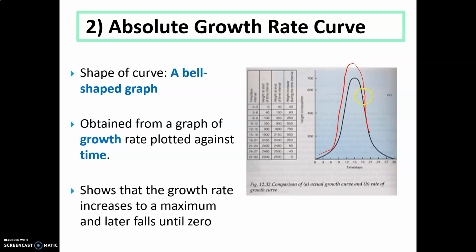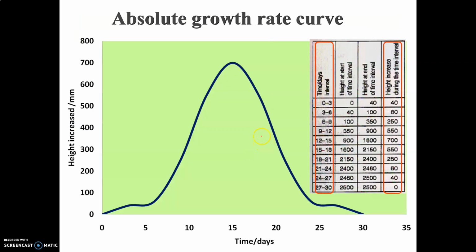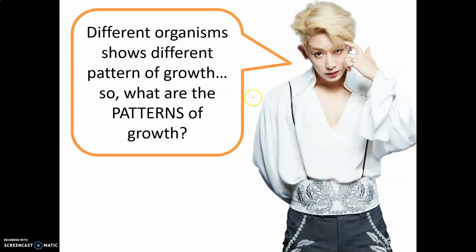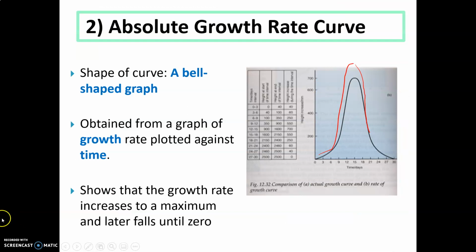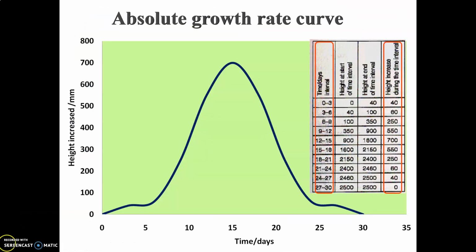Kenapa? Because dah adanya dia dah semakin individu itu semakin tua dan sebagainya. It shows that the growth rate increases to a maximum and until later dia akan fall zero. So you kena tahu absolute growth rate curve ini bentuknya adalah bell shape. Okay. Alright. Tahu bentuk shape saja berbanding dengan apa yang dia boleh explain.